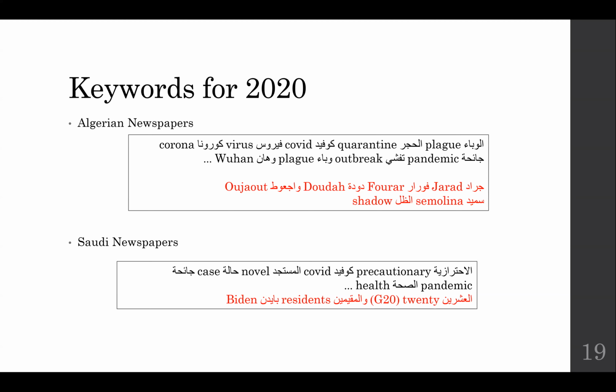I think they are members of the Algerian cabinet. Also, there was mention of Semolina or Samid. I think there was a food crisis at the time. For Saudi Arabian newspapers, you can see mentions of G20, when the country hosted the Group of 20. Mentions of Biden, for instance, the US president.